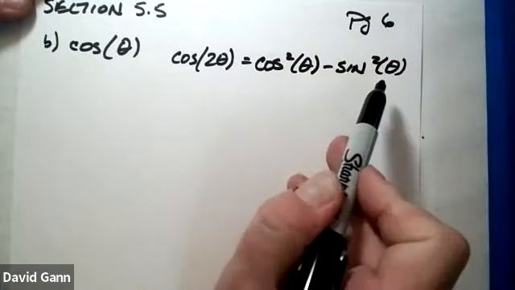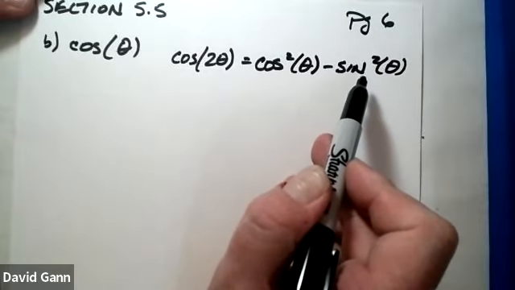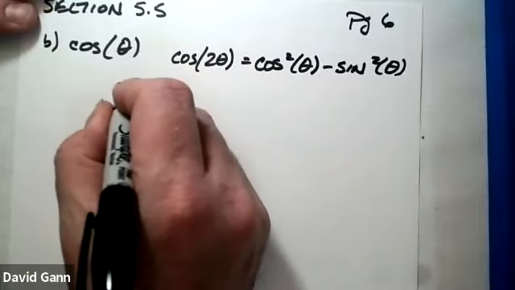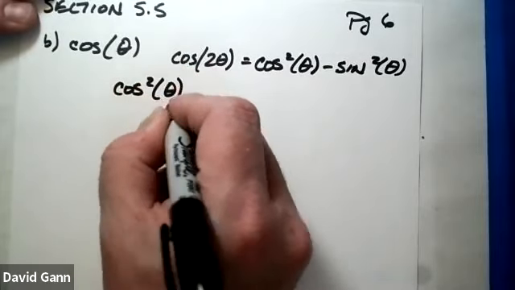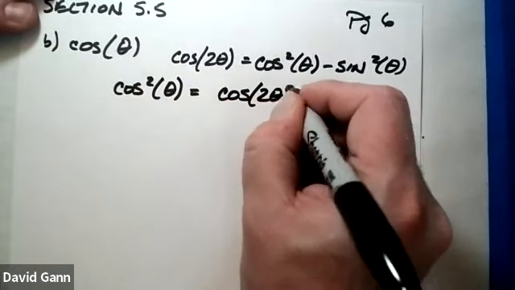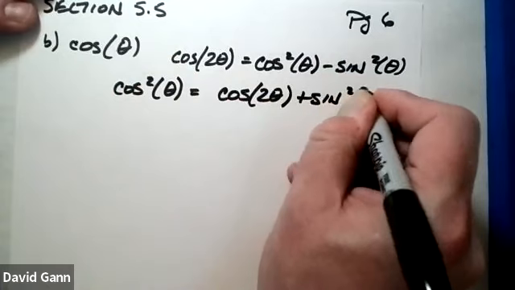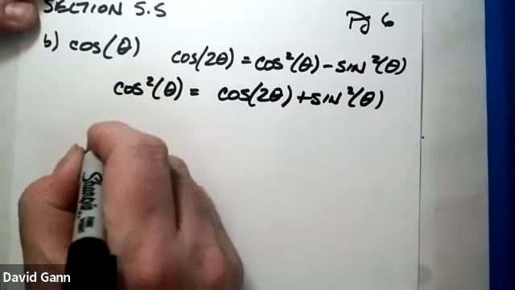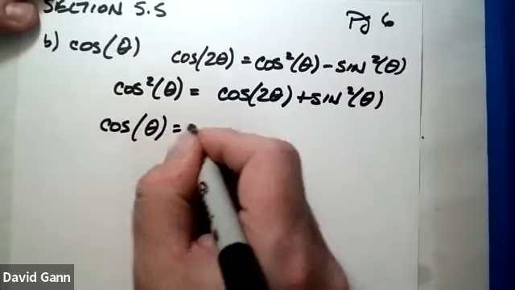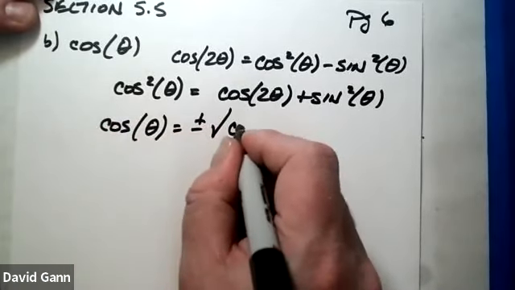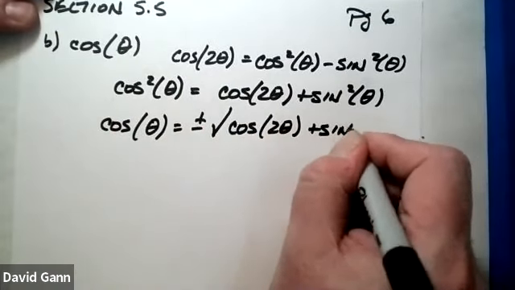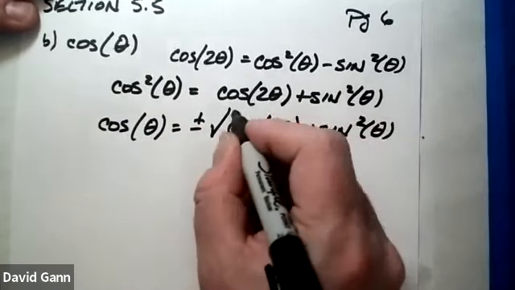Since I just found sine squared of theta, you're going to see how this gets a little cleaner. So cosine squared of theta is equal to cosine of 2 theta plus sine squared of theta, and so cosine of theta is equal to plus or minus the square root of cosine 2 theta plus sine squared of theta.